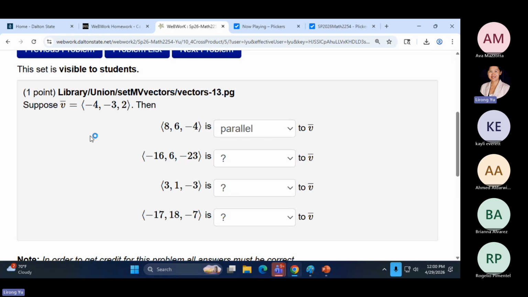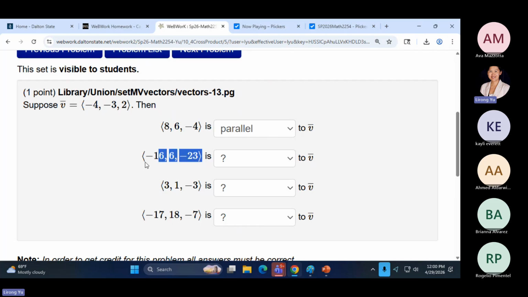Now the second one, definitely not parallel because -4 to -16, the ratio is 4, but then 3 to 6, the ratio is no longer 4. So this one is not parallel, but are they perpendicular? To be perpendicular, the dot product equals 0.